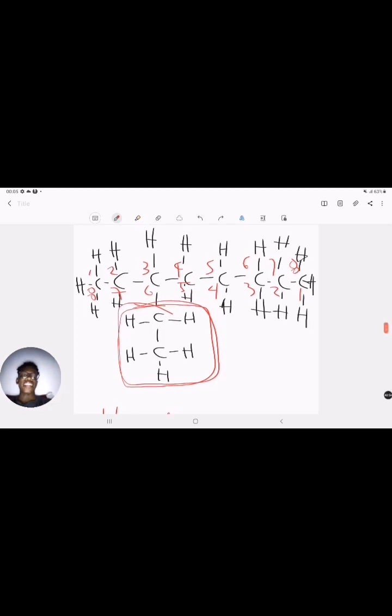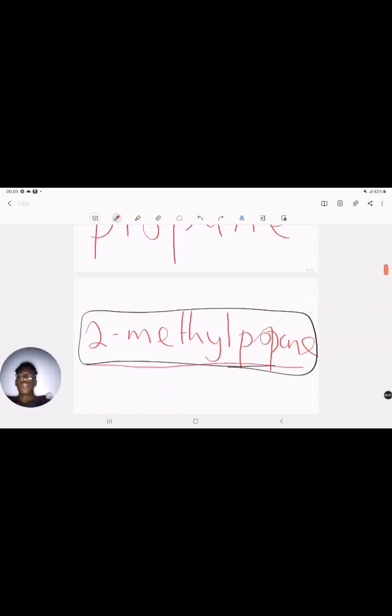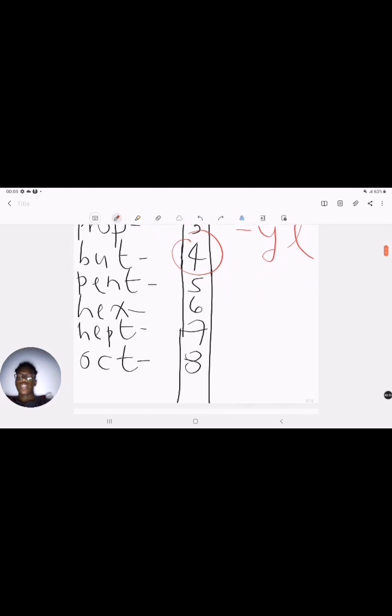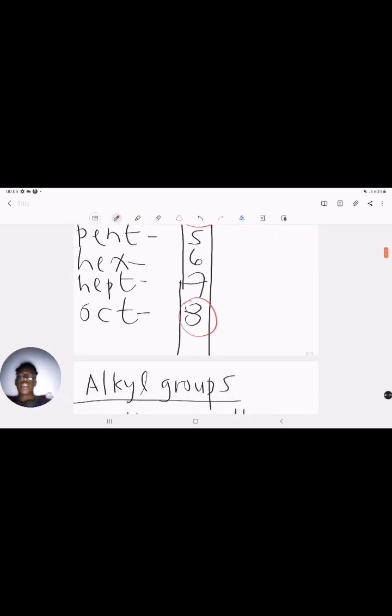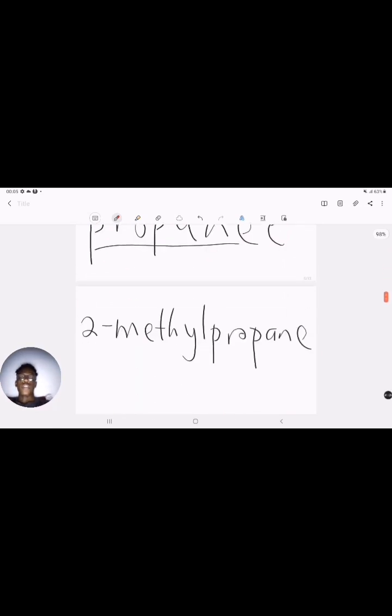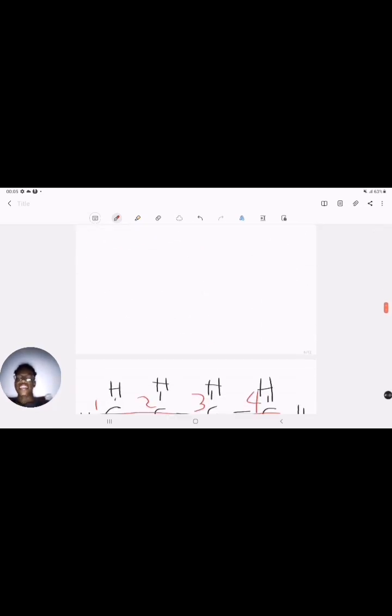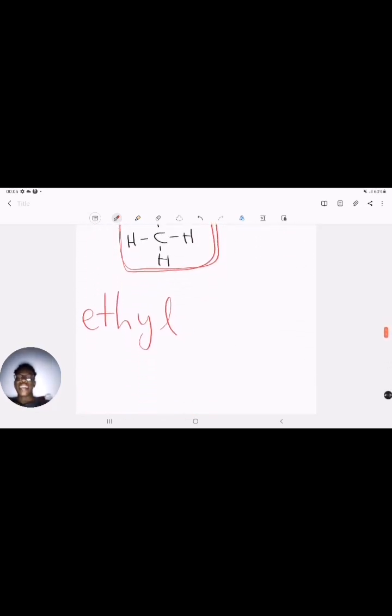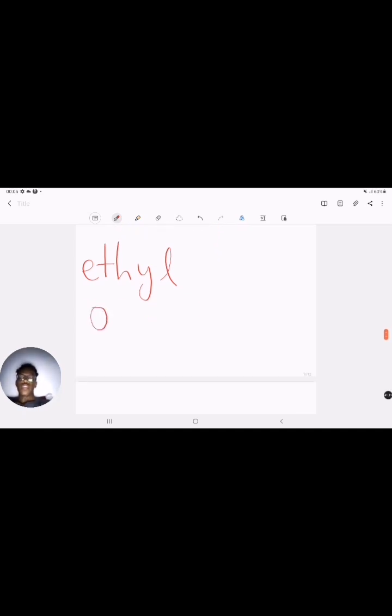Since it has 8 carbon atoms, I go to my table and I see that 8 corresponds to oct. Therefore, this is an alkane, so it's octane. It's 8 for oct, and then ane because it's an alkane.